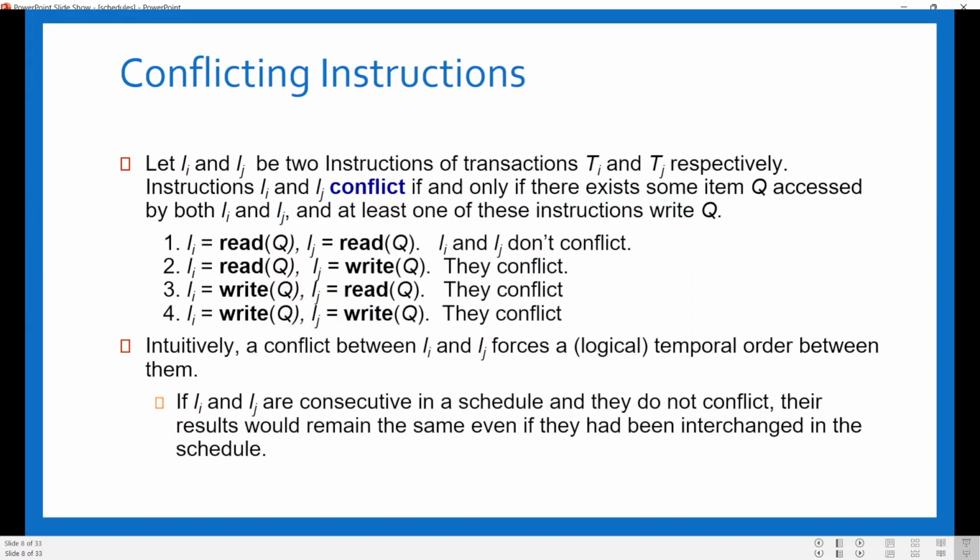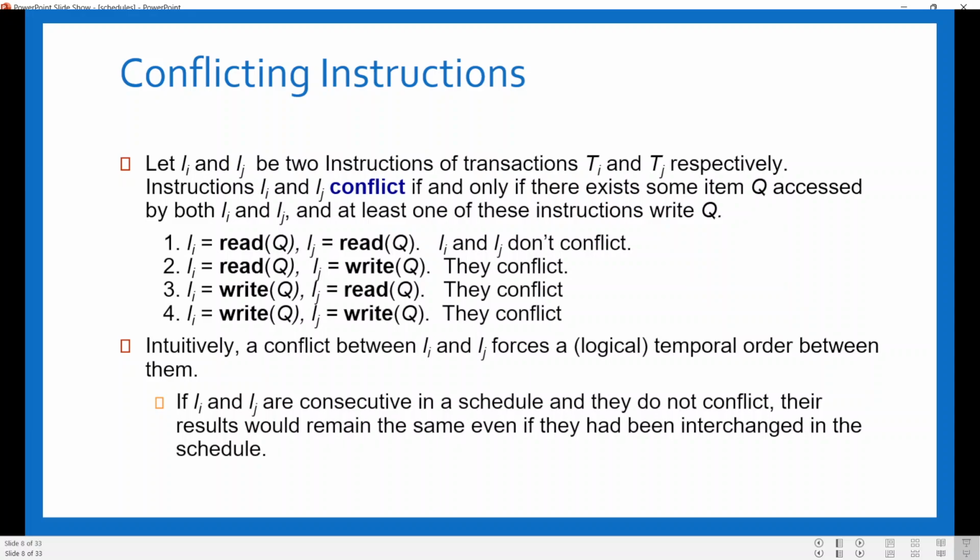We can say that these instructions are in conflict if there exists some item Q accessed by both the instructions. As you know, the instructions Ii and Ij belong to two separate transactions, Ti and Tj, and these instructions will be in conflict if they are accessing the same item Q, and at least one of these instructions has a write operation.